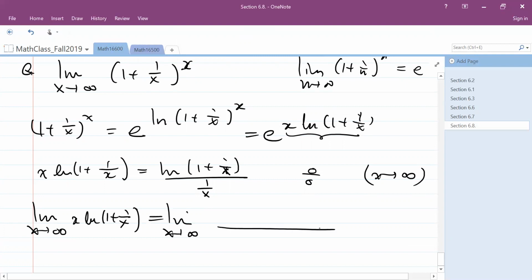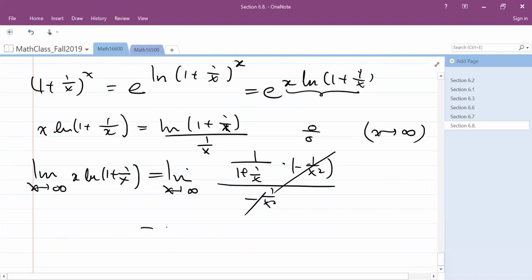Differentiate the numerator: it will be 1 over (1 + 1/x), then you have to differentiate 1/x, which is negative 1/x squared, right? The denominator is negative 1/x squared. So that cancels out.